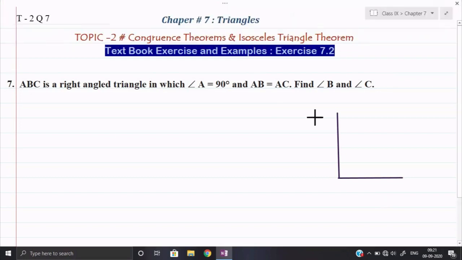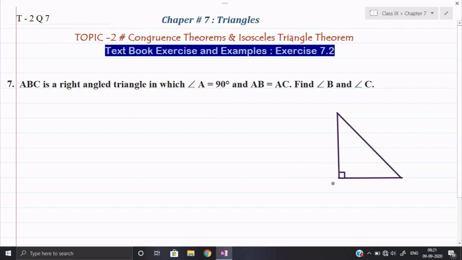So that's why we shall draw the triangle as a right angle triangle like this. Correct? So the triangle now looks like a right angle triangle, and this angle is 90 degrees.